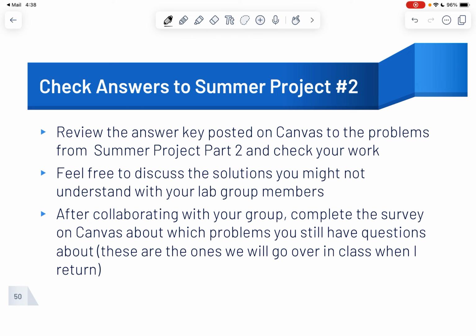What I'll then do is go through that collection of them, and when I'm back in person with you all, we'll go over those questions in class, to make sure that people are feeling confident with those kinematics example problems. So that'd be the first thing we'll ask you to do with your lab group.